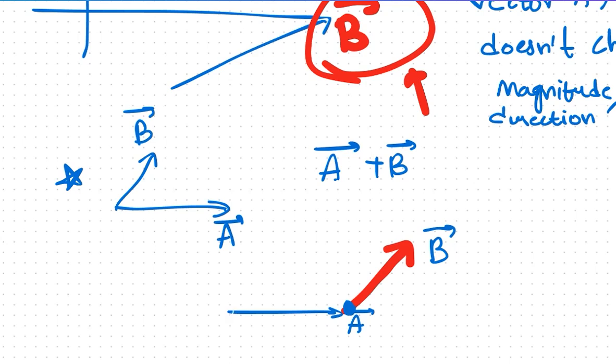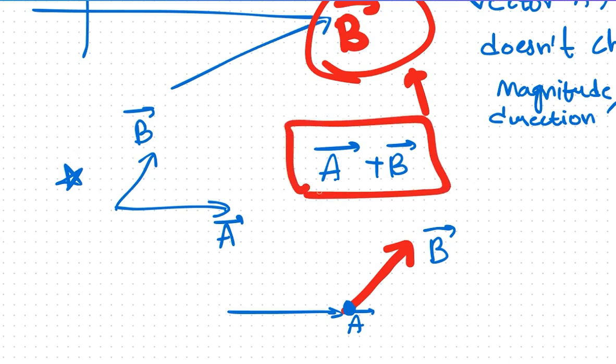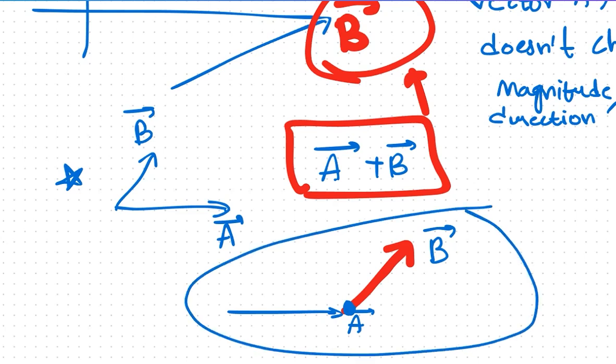When you are adding A vector plus B vector, how do you represent the resultant? Like you would find its magnitude and direction, and then represent it based on that. Okay, can you draw it here?